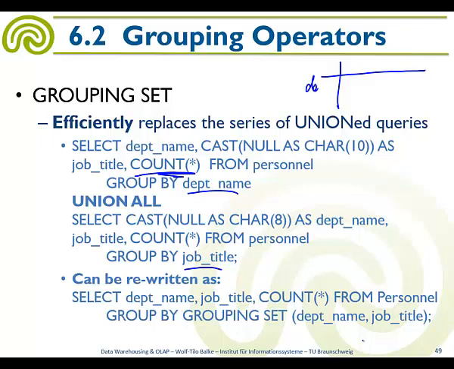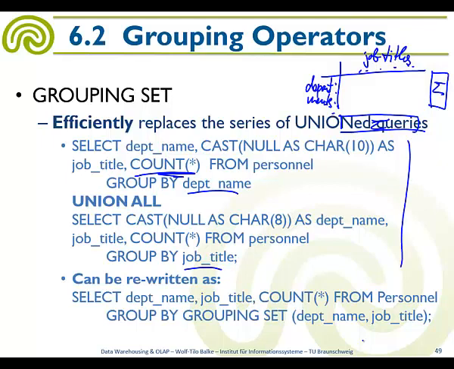So you have departments, 1, 2, 3, 4, 5, and you have different job titles, and then you want the number of people with these job titles per department, right? Then you would need the sums over here and the sums over here, okay?